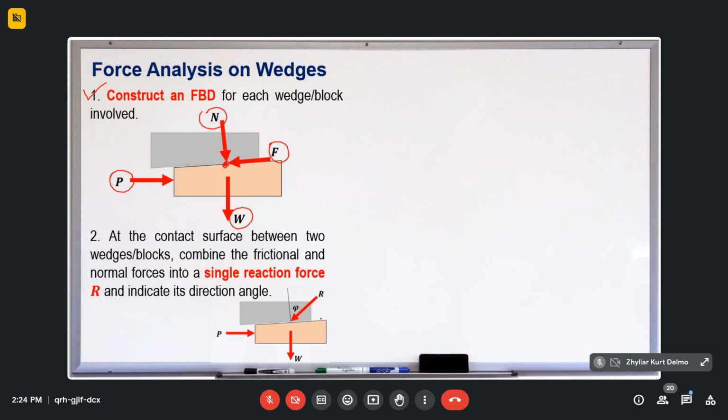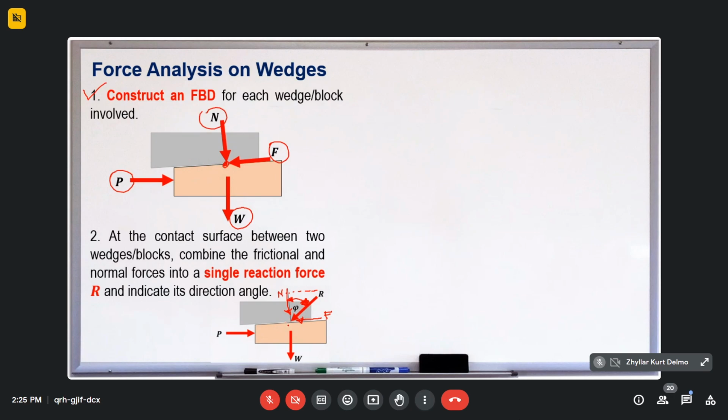So instead of F below and the normal force right here, you create a force vector parallel to F. The angle between the normal force and your reaction is the angle of friction, phi. So from four external forces down to three. You have to simplify that one so you don't have many unknowns. Okay?